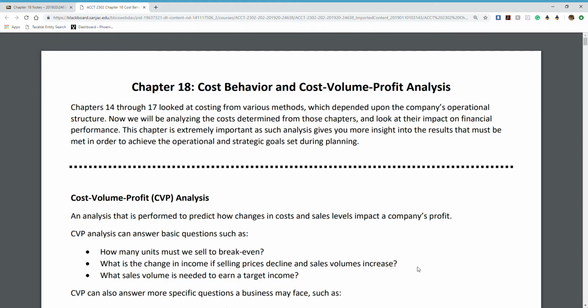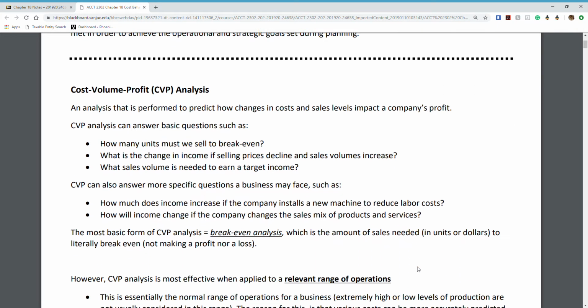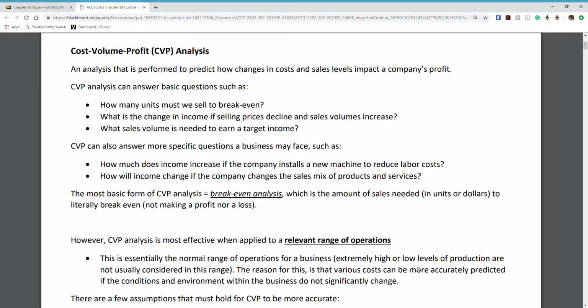You're going to see a lot of new terms, plus some things we already know. We're going to go more in depth into different costs. So starting off, what is CVP, the cost volume profit analysis?